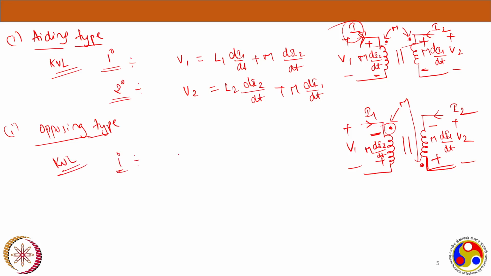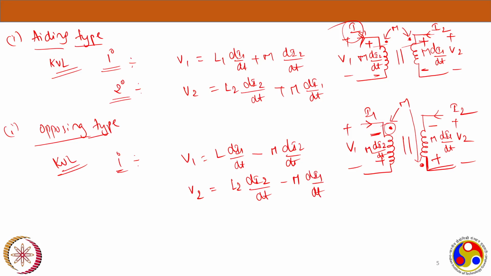For the first coil, V1 equals L1 dI1 by dt minus M dI2 by dt, right? And V2 equals L2 dI2 by dt, again with a minus M dI1 by dt.